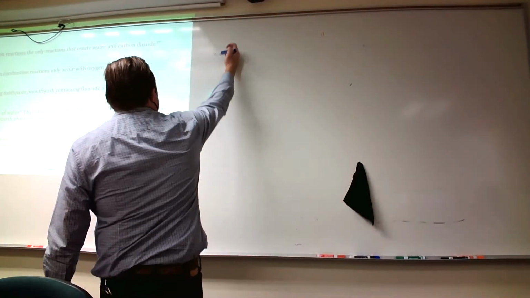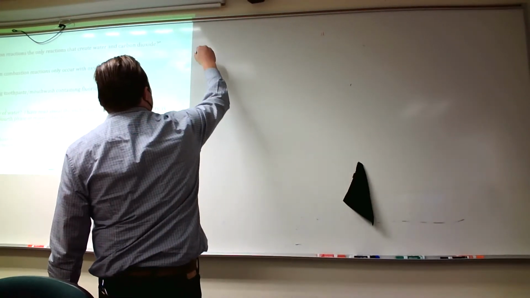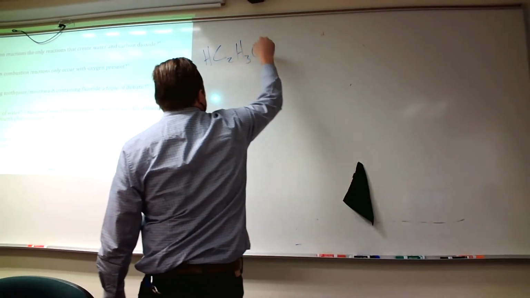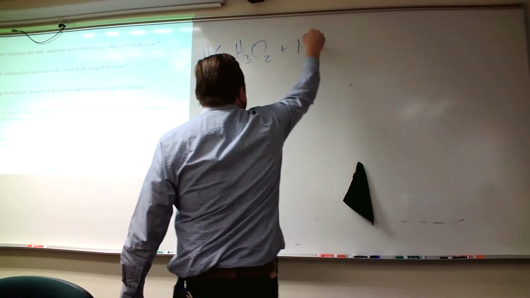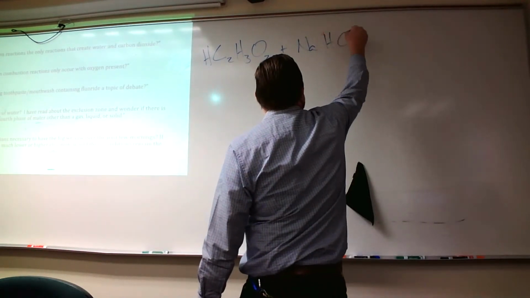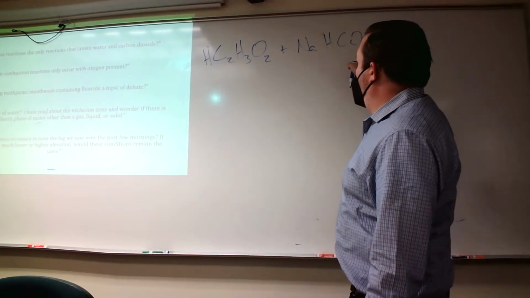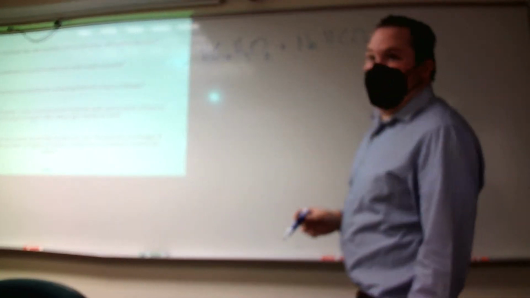There are other reactions out there that can make CO2 and water. For instance, your classic baking soda volcano is acetic acid plus sodium bicarbonate, and it reacts and makes carbonic acid and sodium acetate.